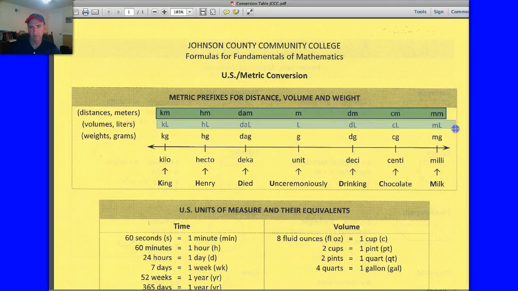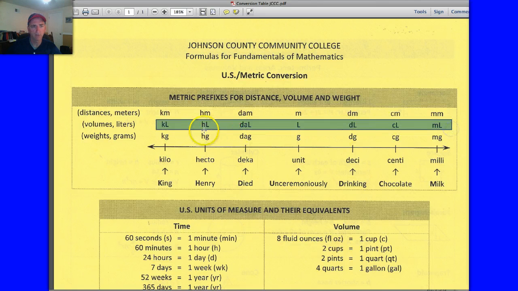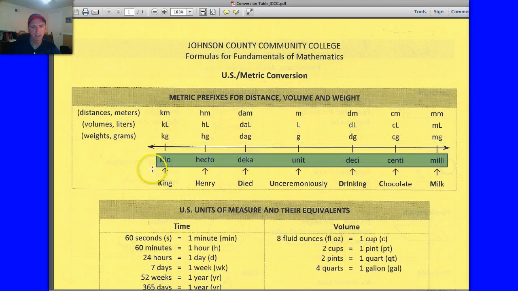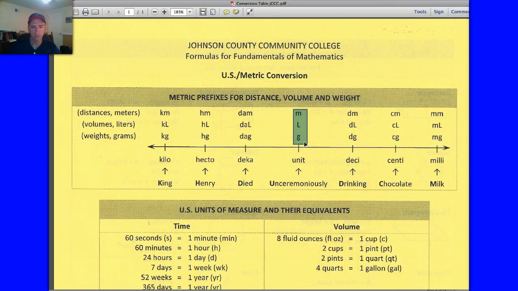This is the conversion information for volume, liters, and grams is here. And notice how they all are basically the same. They're set along this number line right here with these prefixes that you'll want to be familiar with: kilo, hecto, deca, unit. The unit is basically the meter, liter, or gram, depending on what type of conversion you're doing. But other than that, it's all the same thing.